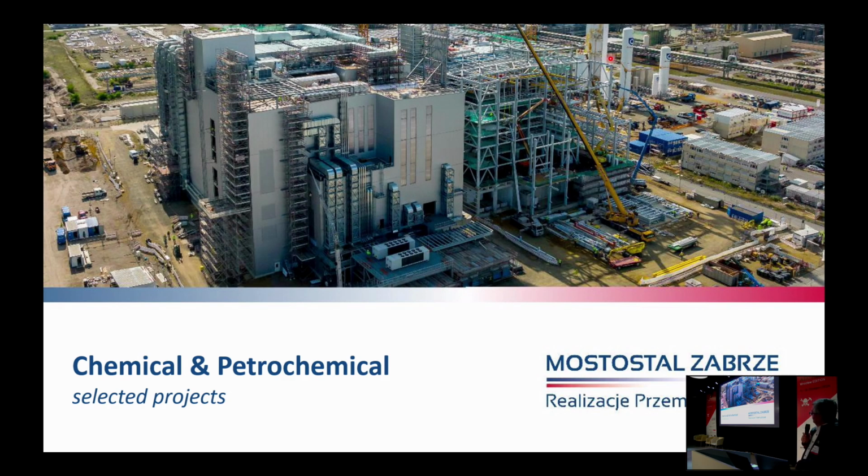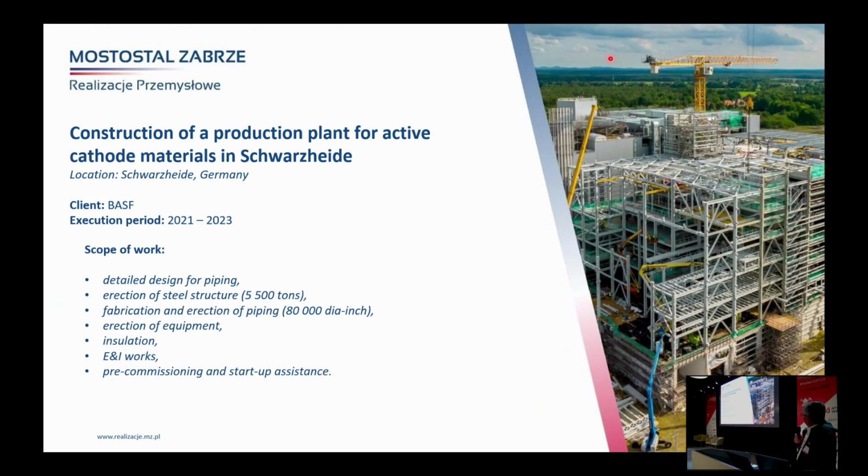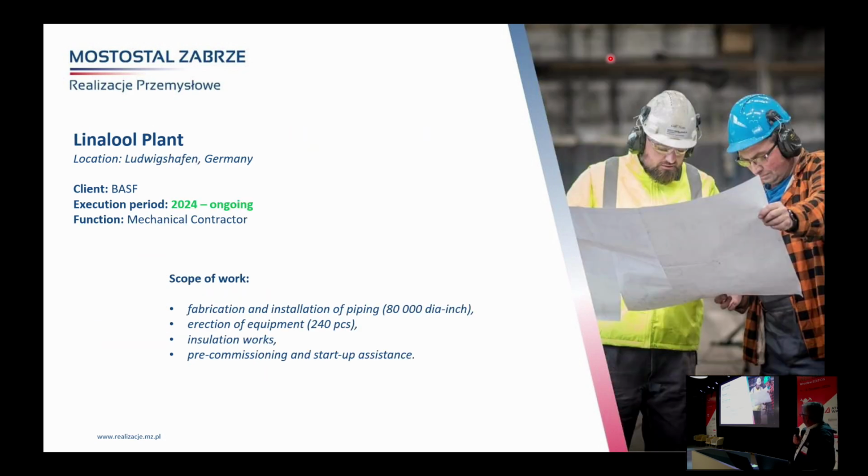So here you can see the project in Schwarzheide in Germany, and we were responsible for mechanical installations of piping equipment and the steel structure on the second building. Here's some short summary of the project: 5,500 tons of steel and lots of piping, 80,000 dia inches.